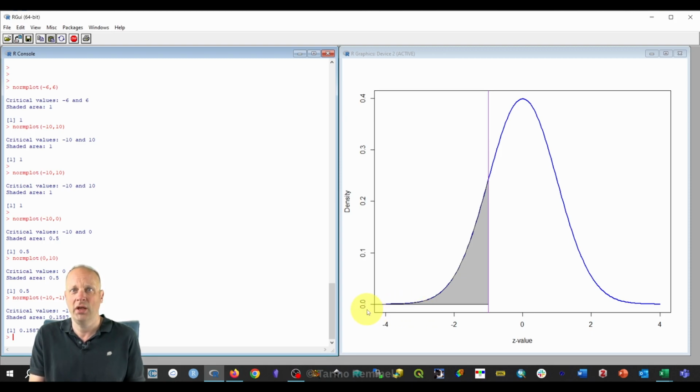What is the area under this curve, or what is the probability of the number of observations that we're going to find in this part of the distribution? And here we see that we have 0.1587 as a probability.